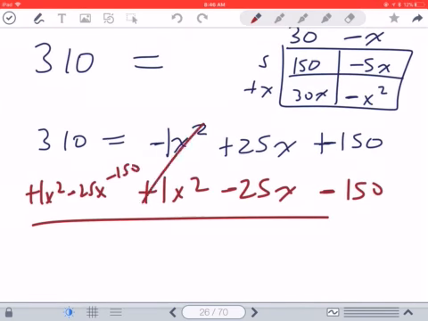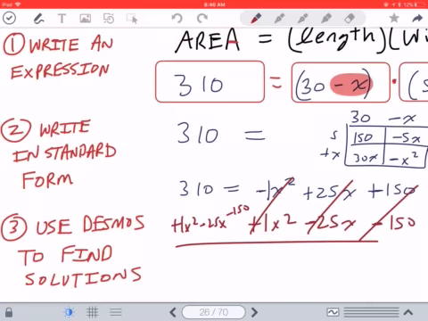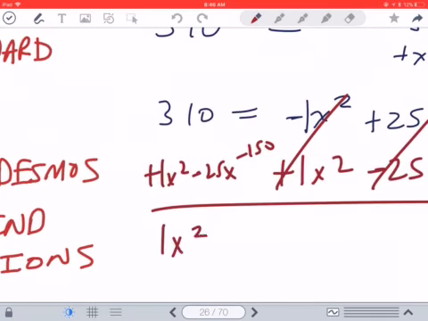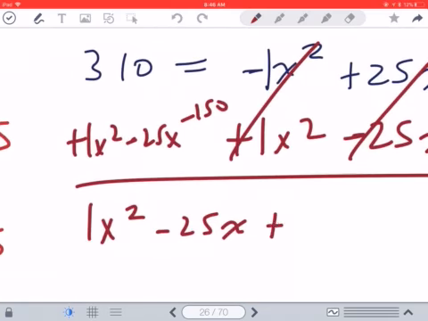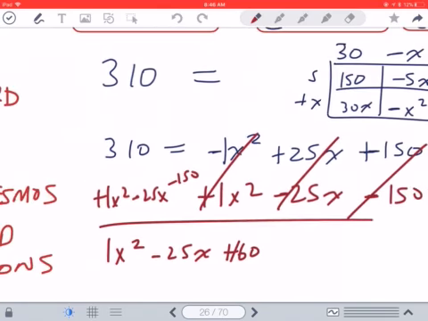Okay, so I'm just doing the same thing to both sides, getting them to the other side. So this is going to be 1x squared minus 25x, and then I get 310 minus 150. That's going to be a positive 160 equals 0 over here. Clean this up a little bit.